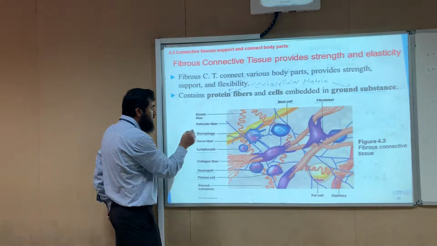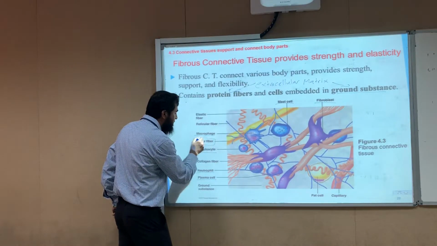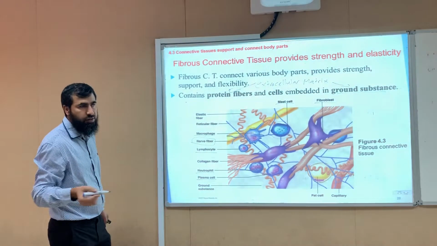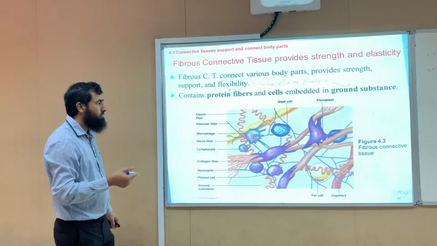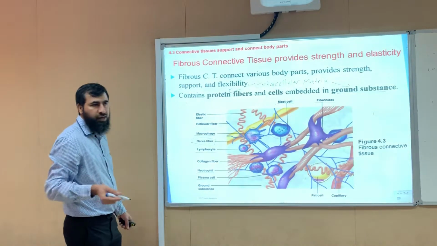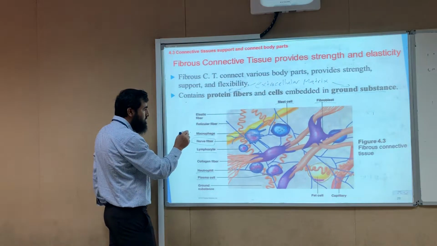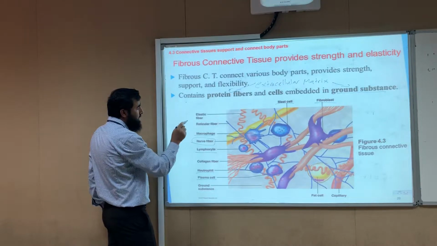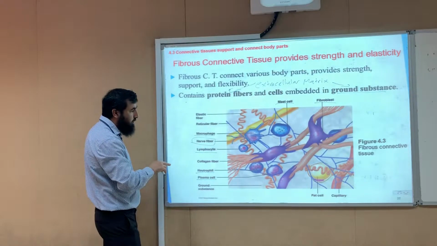So we find these immune cells, then we find obviously the nerve fibers, because they're important in generating electrical impulses. All the tissues in your body have nerves in them, okay? So those are the cell types we find there.